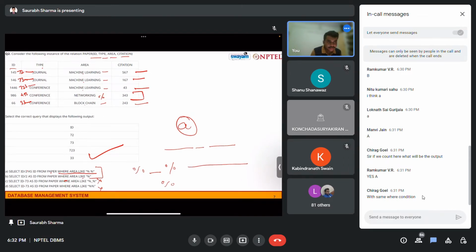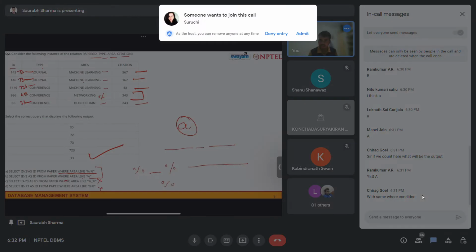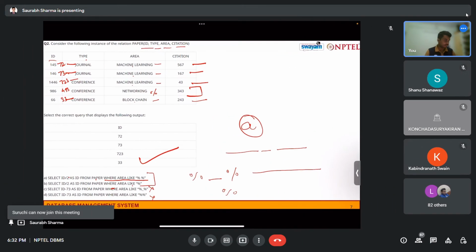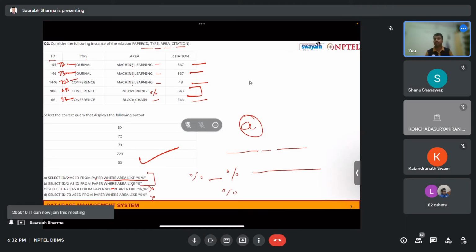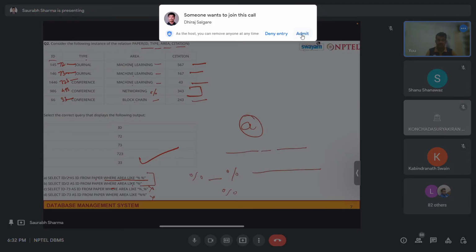If you count here, what will be the output? With the same WHERE condition, if we count, there will be 4, I think.